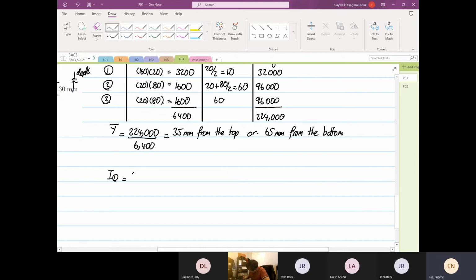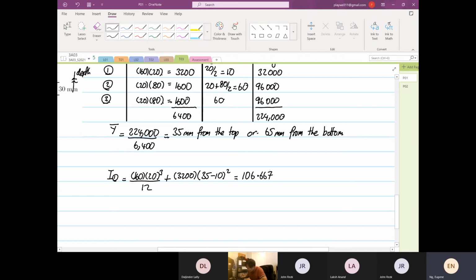Okay, so it's 160 times 20 cubed over 12 plus 3200 multiplied by (35 minus 10) squared. So 160 times 20 to the power 3 divided by 12 is equal to 106.667.